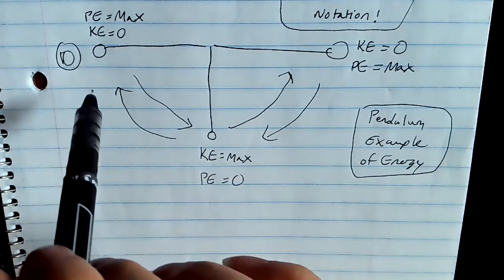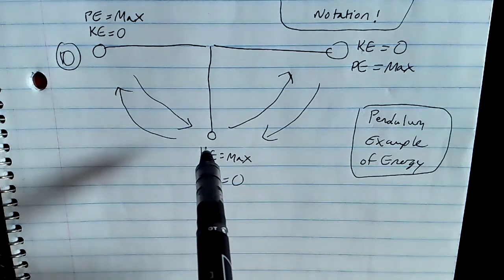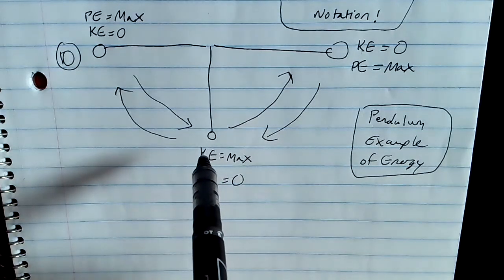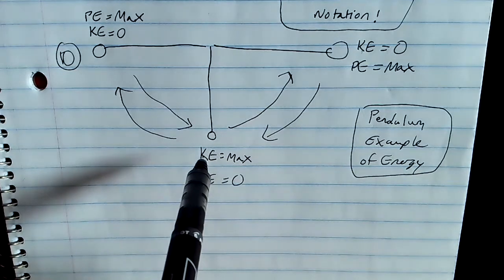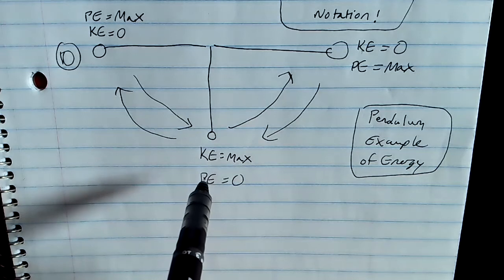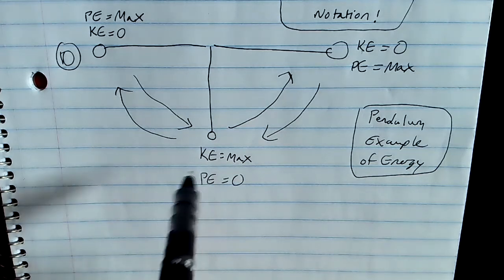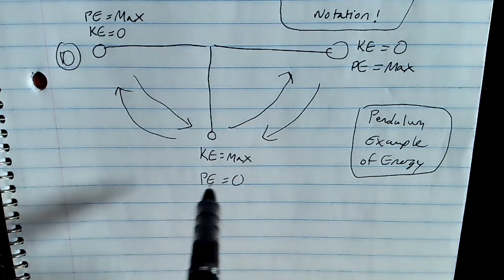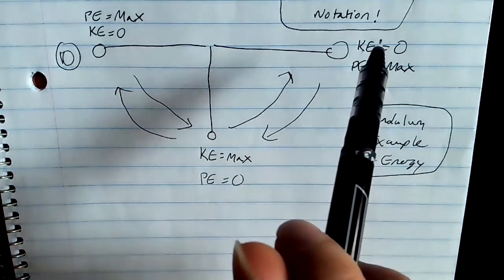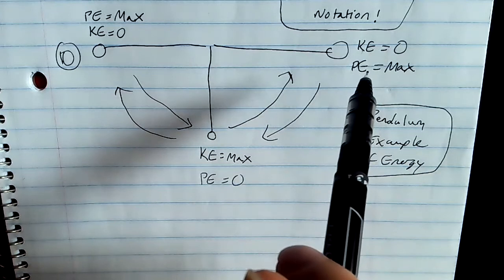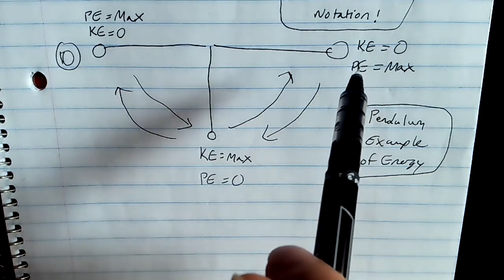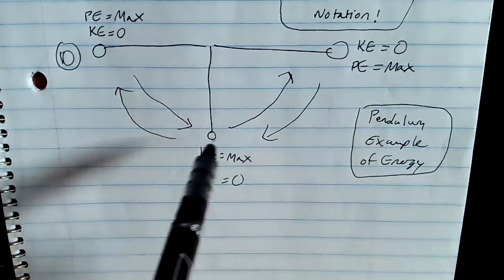And then it starts moving back this way. At the ground level, that's when it's moving the fastest. So kinetic energy is the max at that point, and the potential energy is 0. And then it moves up again, stops again, kinetic energy is 0, potential energy is at its max again, and then it cycles back.